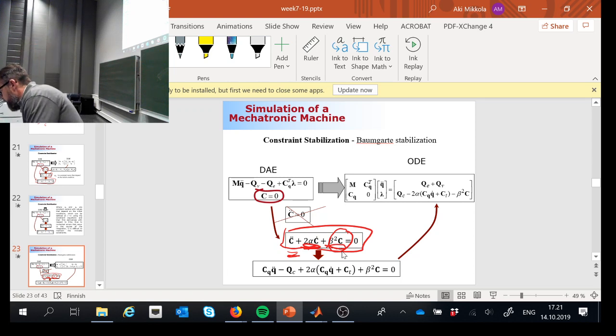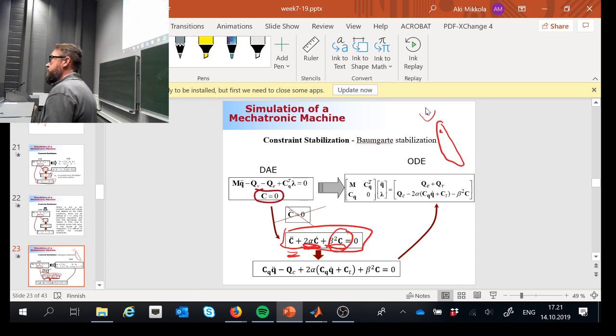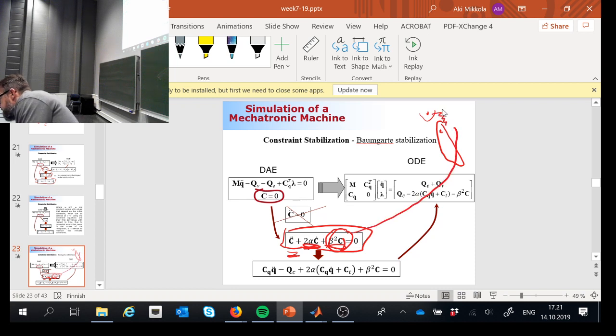So if I had, say, a pendulum system, and the pendulum is in this configuration where the revolute joint is no longer fulfilled, what happens is this component associated with the position comes into play, and it is like an artificial spring that forces this constraint to fulfill the position level constraint.